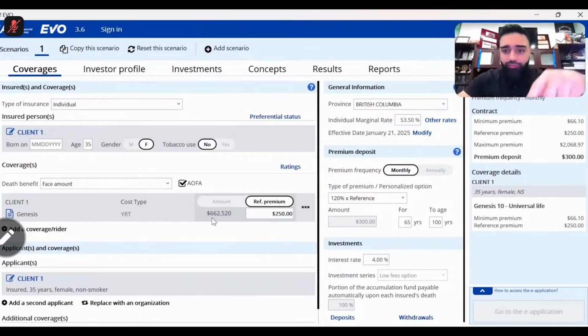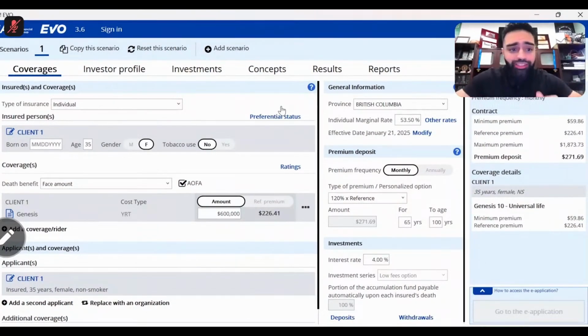A lot of times, if they have a mortgage or a young family, I always recommend to do the maximum they can get, whatever the case might be. Let's say we give this person, and we can change this too by the way, $600,000 for this $250. What I do then is I go over here and I click on face amount.